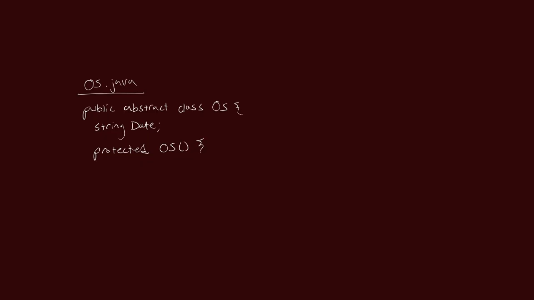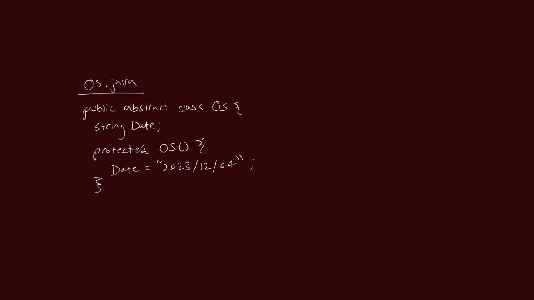Okay. So anything that extends this operating system class can only view this constructor, and if this constructor is called, we'll have date be equal to, let's do 2023. There you go.